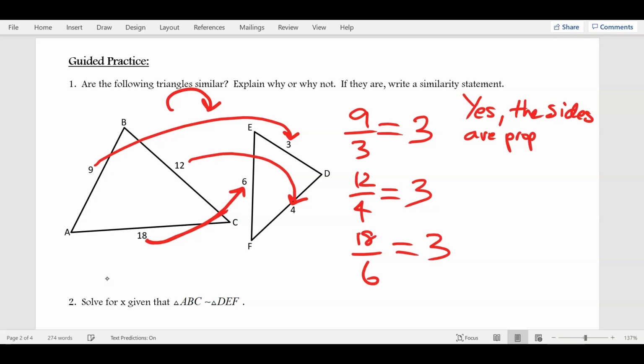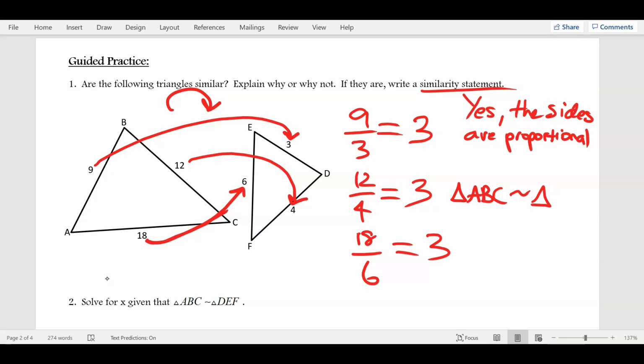So we need to make a statement. Okay, write a similarity statement. Triangle ABC, and the similar sign, remember, it's a squiggle. Squiggle, triangle. Now you tell me, what does A, B, and C match in order on the other triangle?